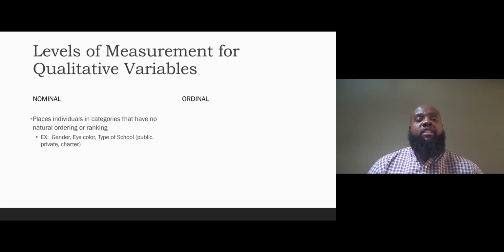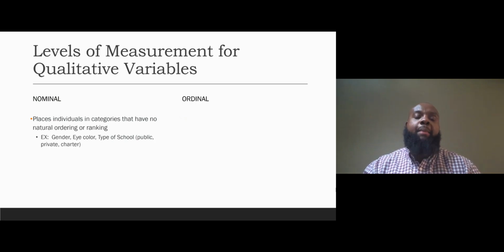Some examples of nominal variables are things like gender. You may be male, you may be female, you may be non-binary, you may be some other gender category, right? That is nominal. There's no natural order of gender.